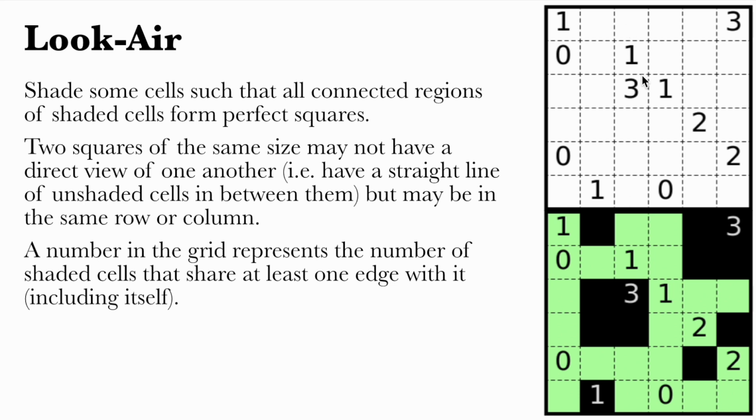Whereas this 3 in the middle right here is saying that among it and the four adjacent cells, 3 of those are shaded. And in this case, it's the cell itself and its neighbors to the west and south. Those are the rules to Lookair, so let's get solving.